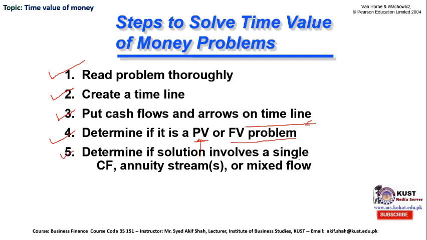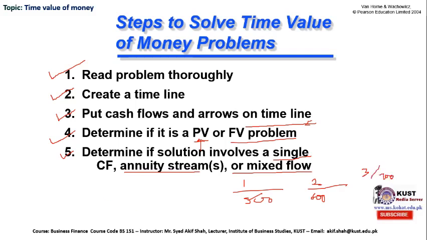Fifth, determine if the solution involves a single cash flow, as we have previously discussed in the last 2 lectures on time value of money, or an annuity stream like the one we have discussed in today's lecture, or a mixed flow. That is, at the end of the first year the amount could be 500, at the end of the second year an investment could provide you $600, and at the end of the third year it could provide you $700.